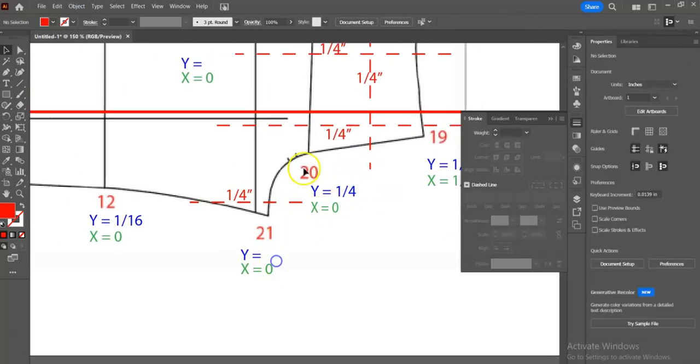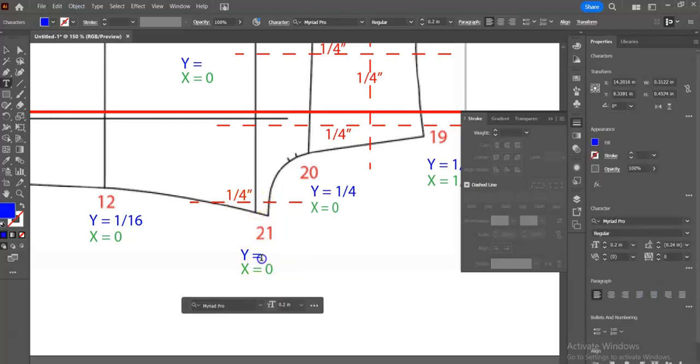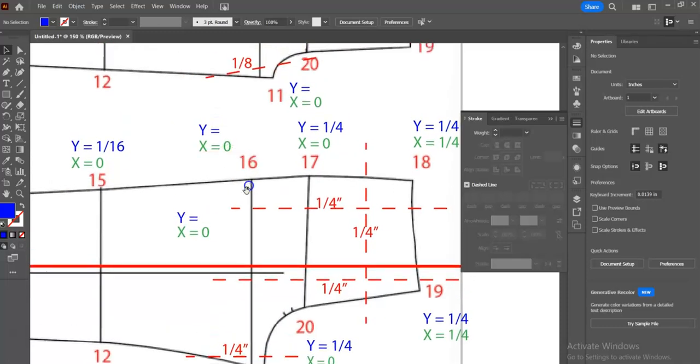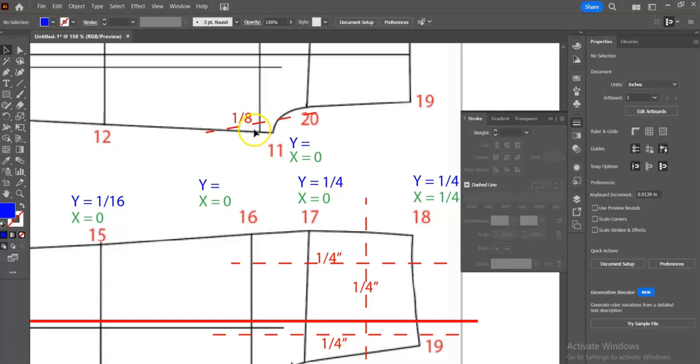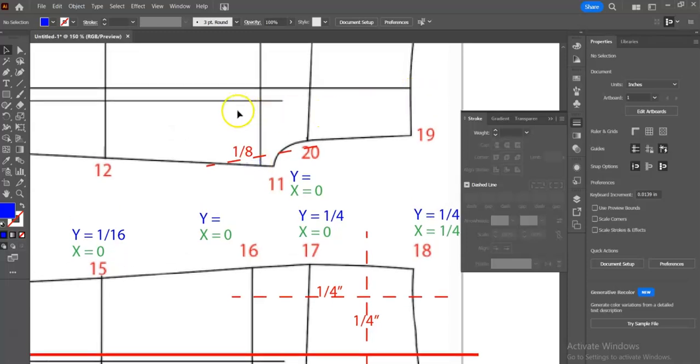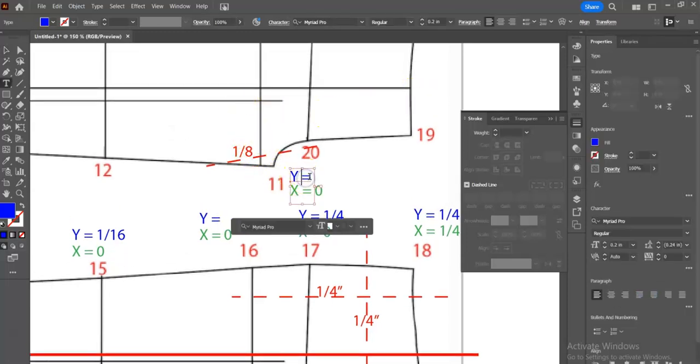So on the back, if I'm going from origin line to this point, I'm crossing this quarter slash and this quarter slash, which means my total Y grade here is 1/2. Okay, and then that also means that on the front, if I have the 1/4 plus the 1/8, my Y grade is 3/8.